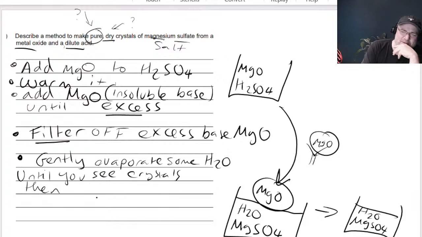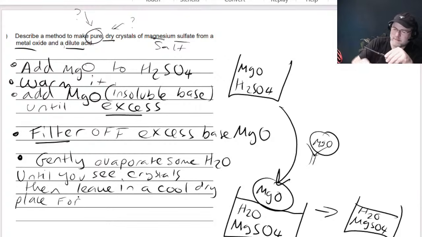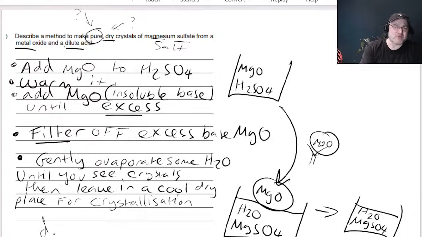Then leave in a cool, dry place for crystallization to occur. Okay, and then at the end I would say dry with paper towel.